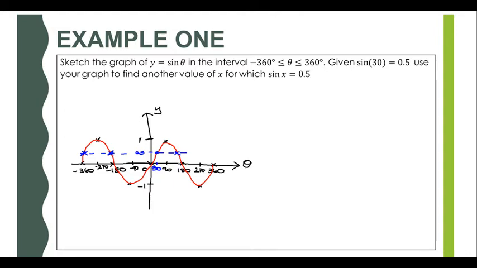So to get our first solution, we would do 180 minus 30, which gives us 150 degrees. So we know that sine of 150 is equal to 0.5.